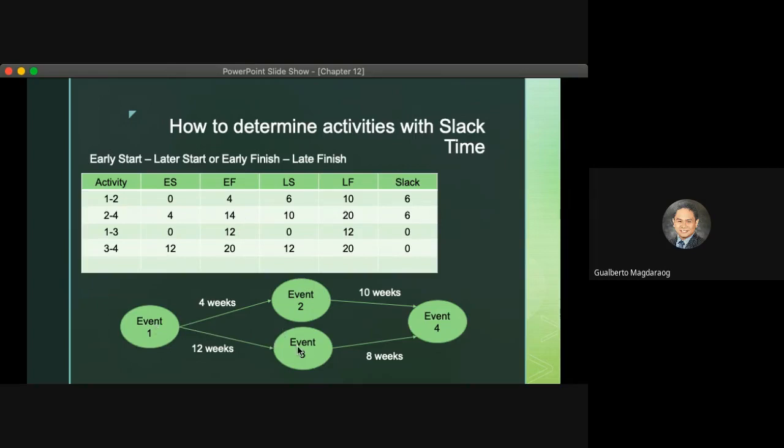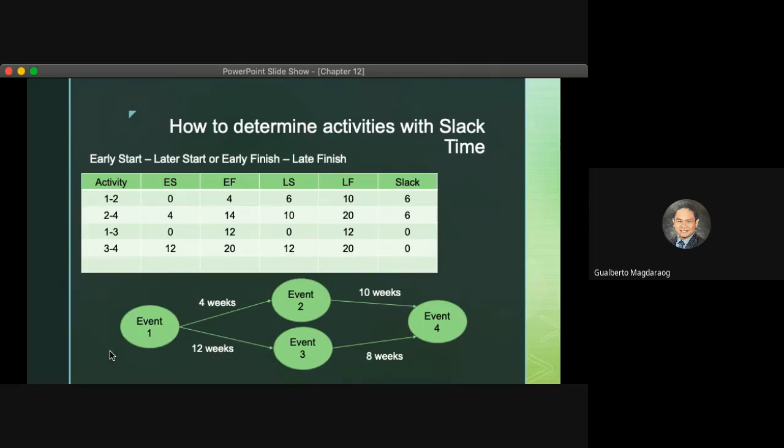The earliest start of event 3 to 4 is 12 weeks, plus the 8-week period, so the earliest finish is 20 weeks. So as you can see, whenever we compute the early start and early finish, we start from the beginning.